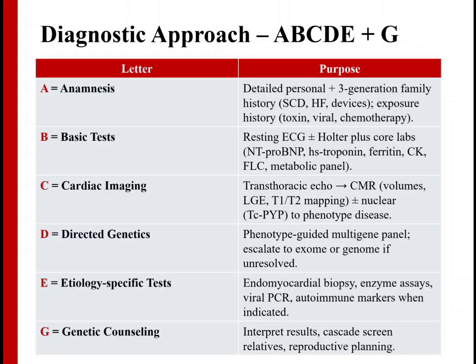Then CMR, cardiac MRI, which provides advanced tissue characterization, like for example the LGE that we talked about for fibrosis, late gadolinium enhancement, also T1 and T2 mapping for infiltrative disease, and fat infiltration in arrhythmogenic cardiomyopathy.